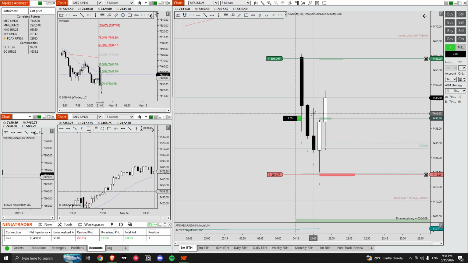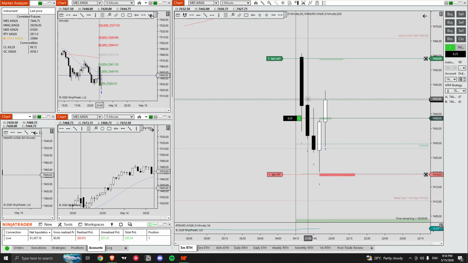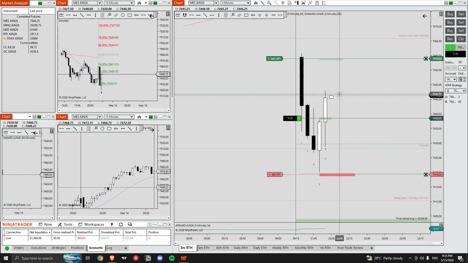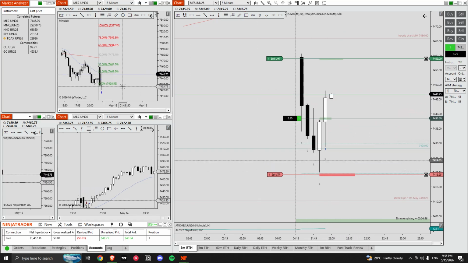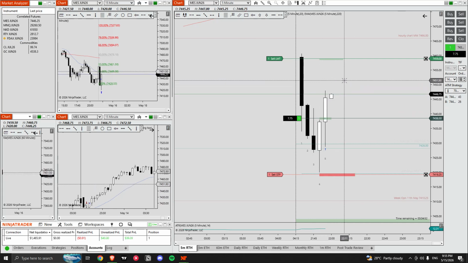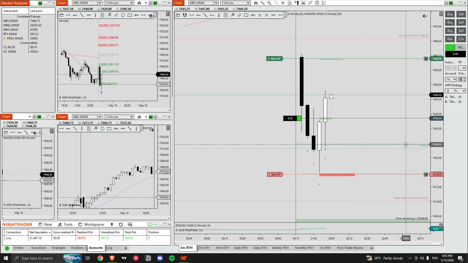So you can see the tail and the upper tail for the 3, right? So selling pressure, but we'll see whether it closes.